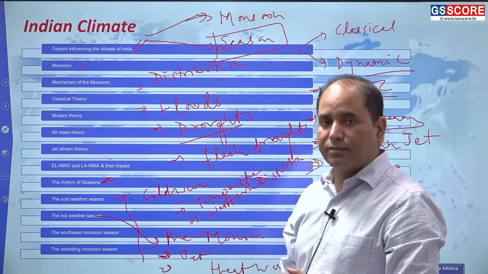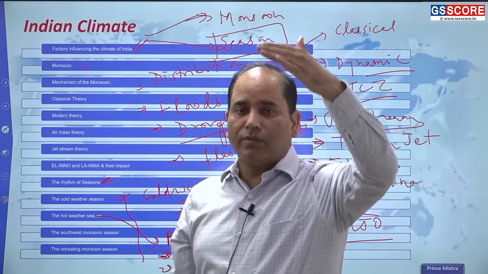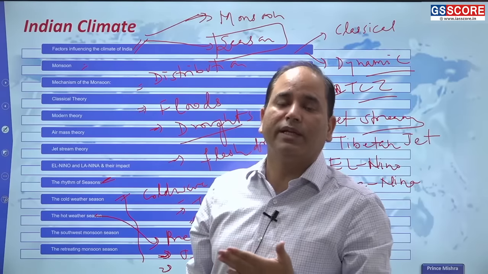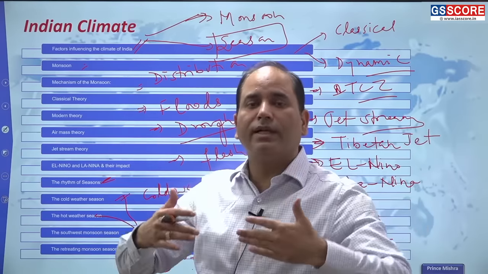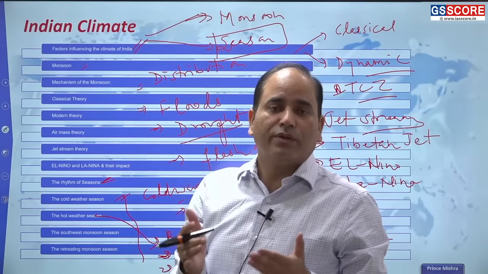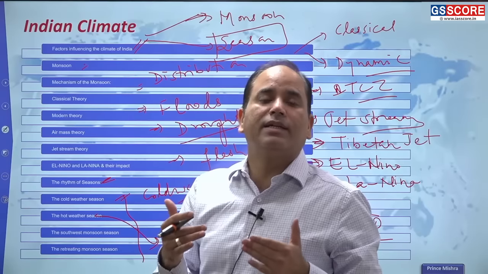Then you will have the retreating monsoon season. Retreating monsoon season is how this monsoon, particularly winds, how they are going back from the Indian mainland. So the monsoonal wind will retreat from the Indian mainland. Those places that were last to receive the monsoon will be the same places which will first experience the retreat.